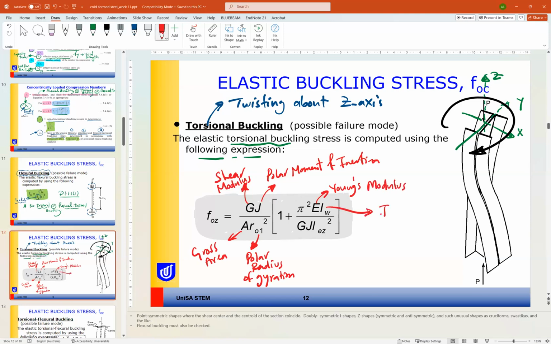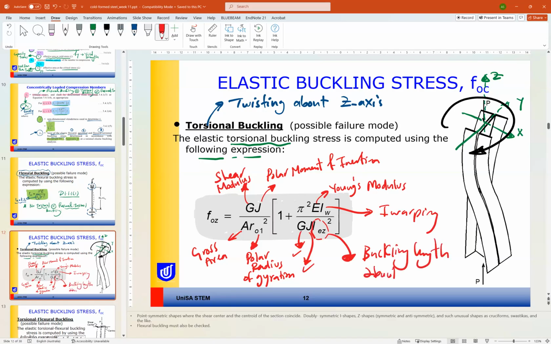Iw is the warping constant. G again, J again. L effective Z is the buckling length about the z-axis.